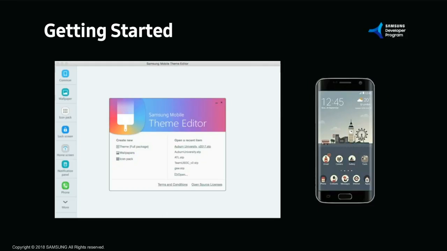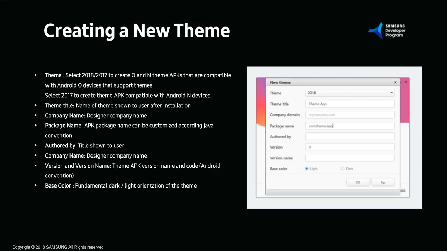Getting started, if you open up your theme editor, the first thing you're going to see is this dialog window, which is create new theme. If this is the first time seeing it, no problem. We're going to mention some details. Again, you can review a deep dive of how to create a theme in our past webinars. When you're creating a new theme, you have 2 options. You can target 2018 devices or 2017 devices.